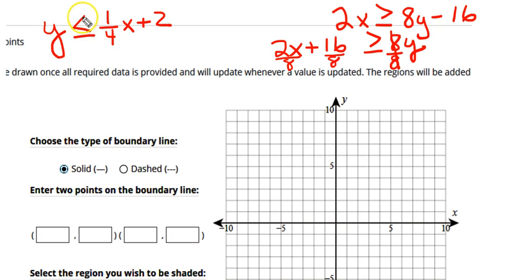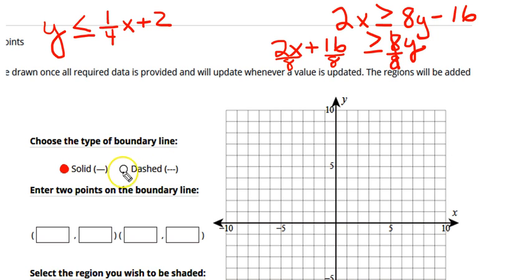Well, if it's less than or equal to, we use a solid line. If it were only less than or greater than, without the equal to, we would use a dashed line.